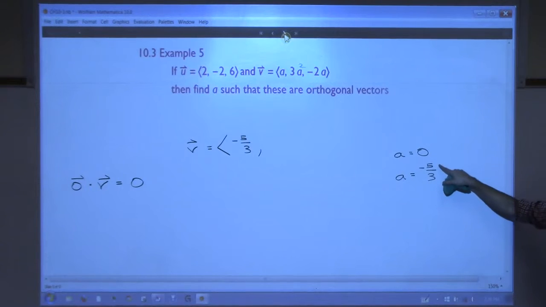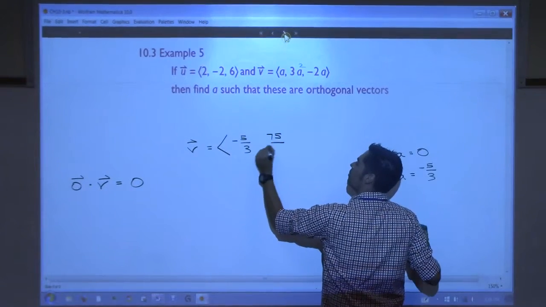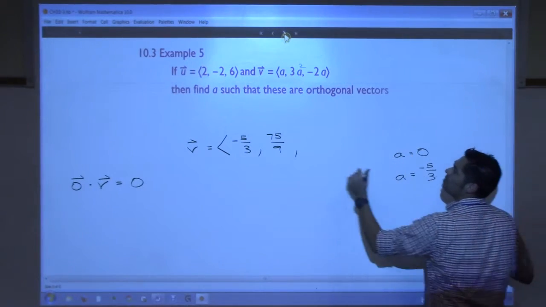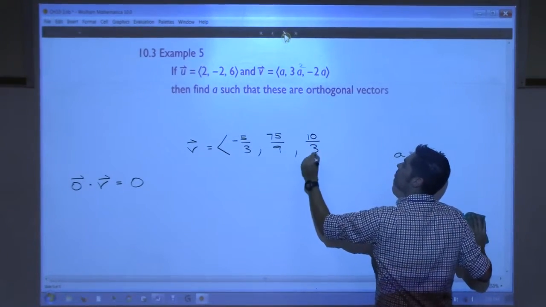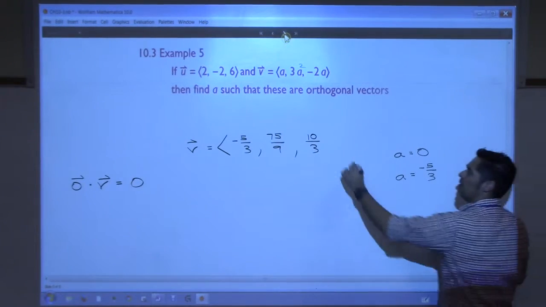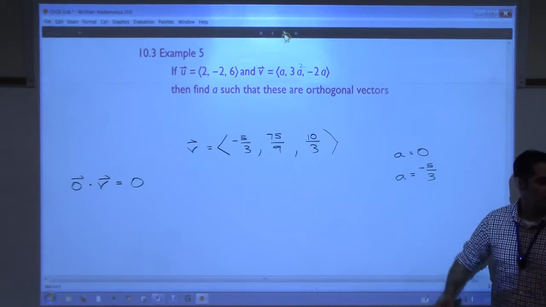So what's negative 5/3 squared? 25/9 times 3, which is 75/9. I'll just leave it 75/9. Who cares? We could reduce that. And then negative 2 times this, which is 10/3. Y'all with me? What we are hoping for is that if I dot this with U, I should get 0.